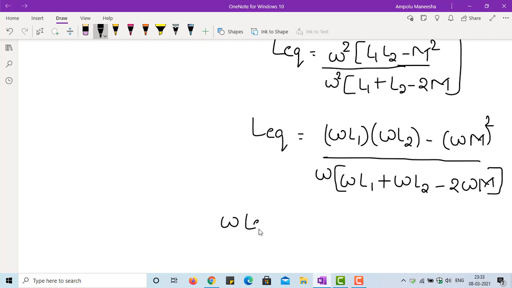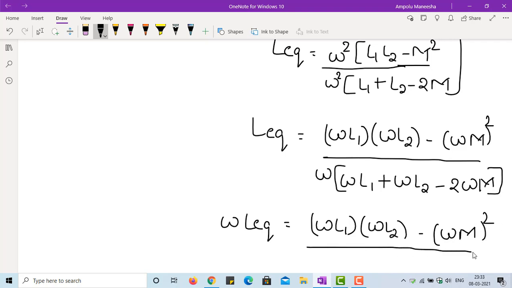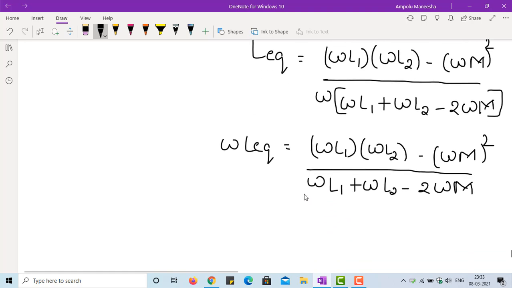So, omega into L equivalent is equal to omega L1 into omega L2 minus omega M square divided by omega L1 plus omega L2 minus 2 omega M. So we know that omega L is equal to XL, right?